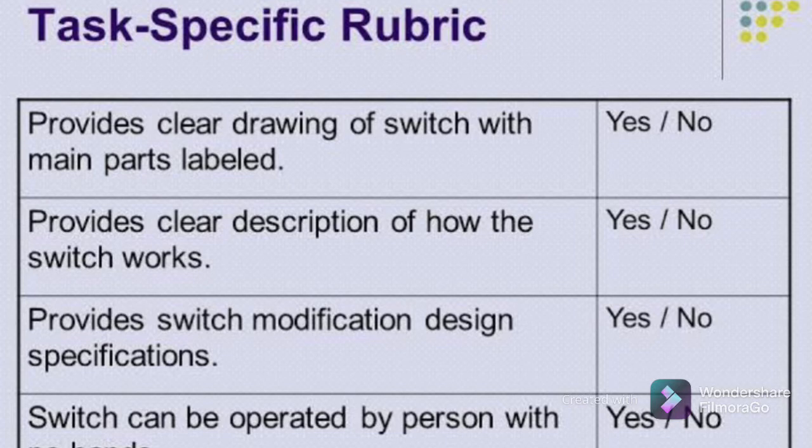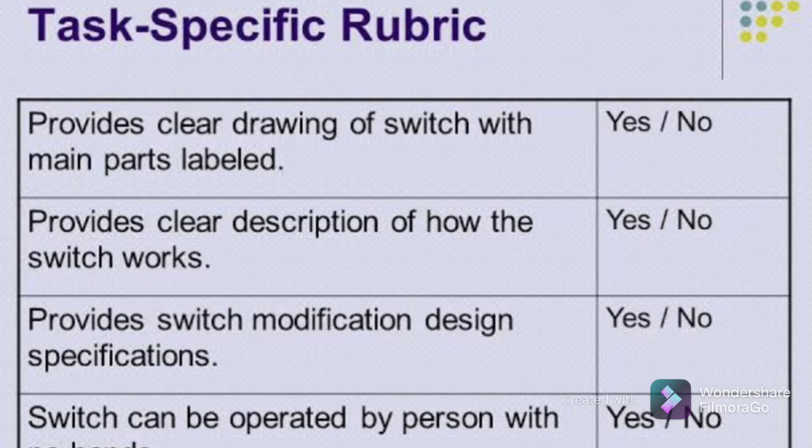The advantage of the task-specific rubric is that teachers sometimes say using this makes scoring easier. Because you are only confined to a minor task, it is easier to score. It requires less time to achieve inter-rater reliability.